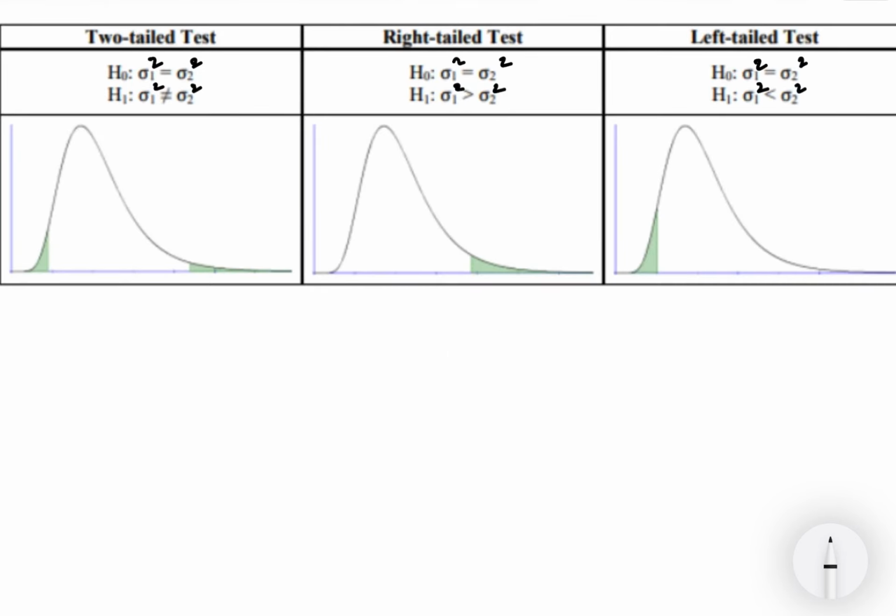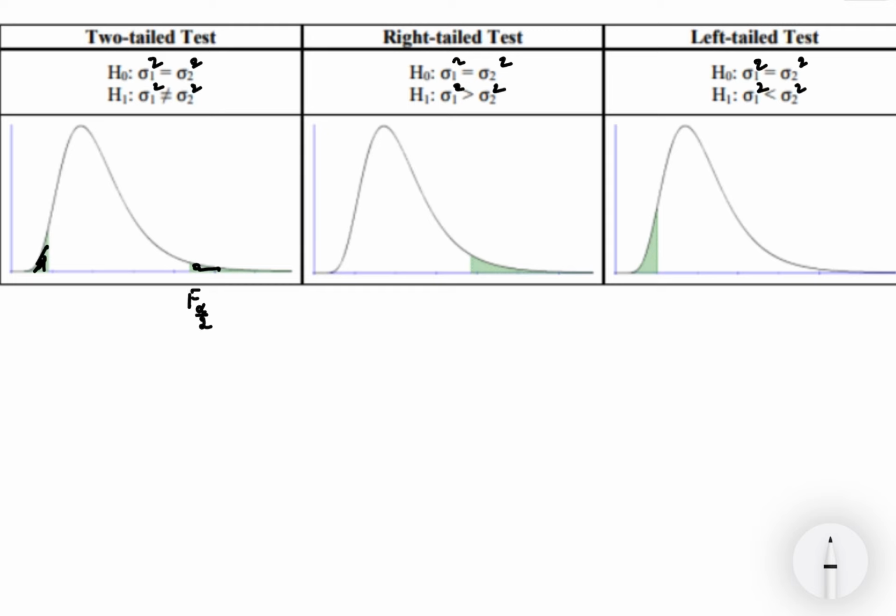Next, we will see the region of rejection for the three types of tests we have come across. For a two-tailed test, the region of rejection lies on both the tails, that is right tail as well as the left tail. So the critical value on the right tail would be F of alpha by 2.